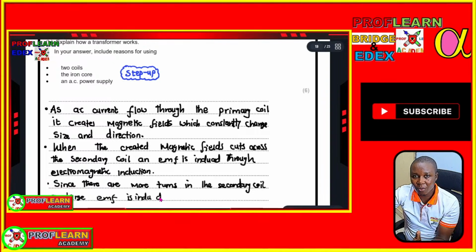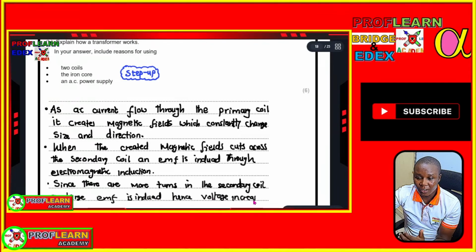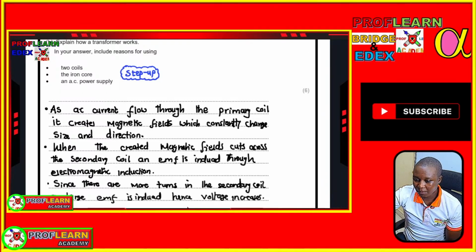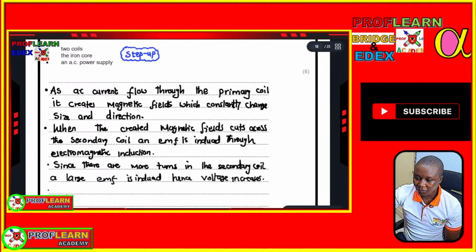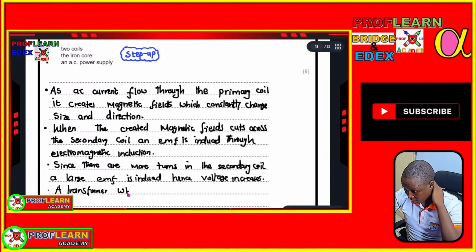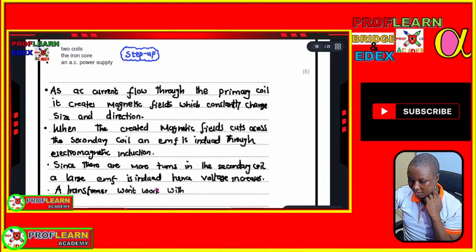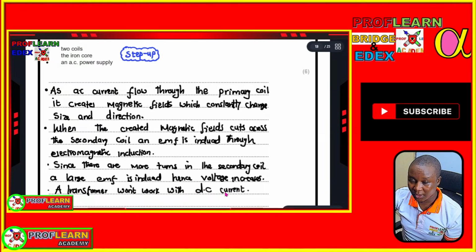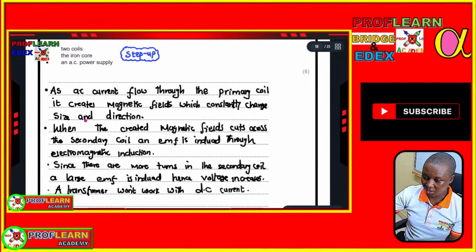Since we have more turns in the secondary coil, there will be a larger induced voltage in the secondary coil, thus a step-up transformer. Don't forget that transformers don't work with steady direct current, because they don't create magnetic fields which are constantly changing size and direction.